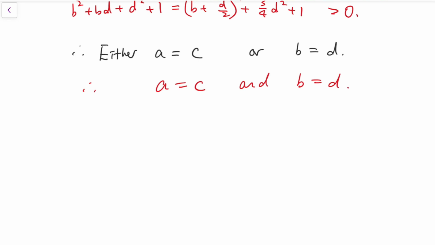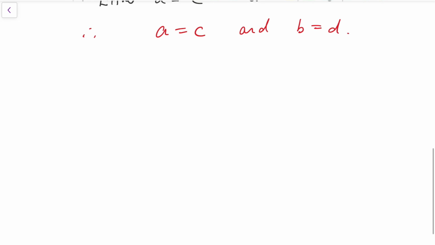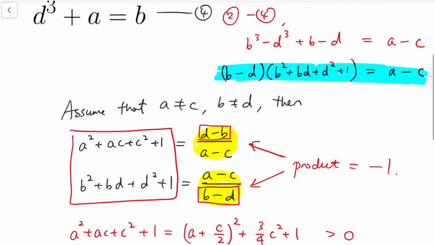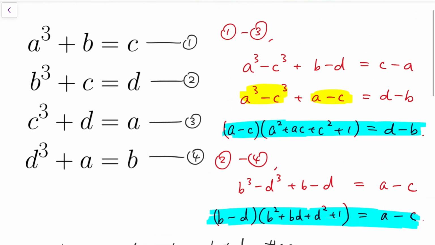So now our system of equations becomes much simpler. If we go back up, we can say that this is just a, while this is just b, and the other two equations can be ignored.